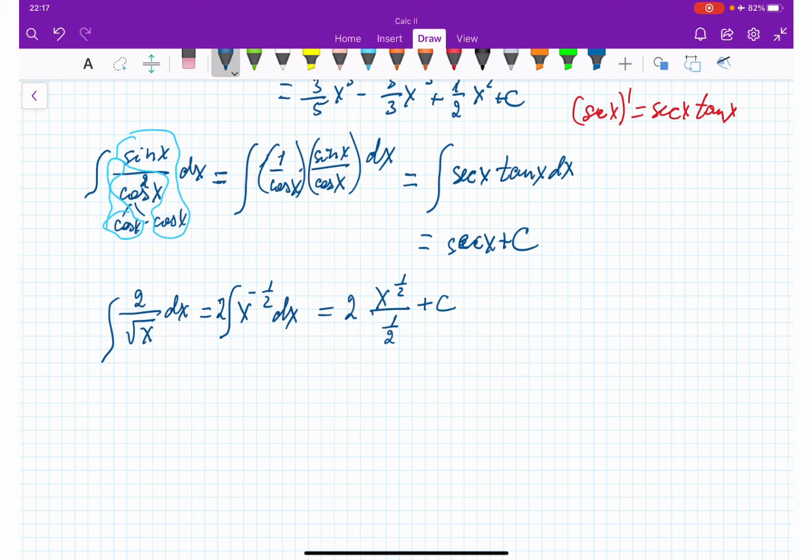If we simplify this, it's going to be 2 multiplied by 2 over 1, right? Because we are dividing, the second fraction is going to flip. And times x to the power 1/2 and plus c. And the answer is 4 x to the power 1/2 plus c.